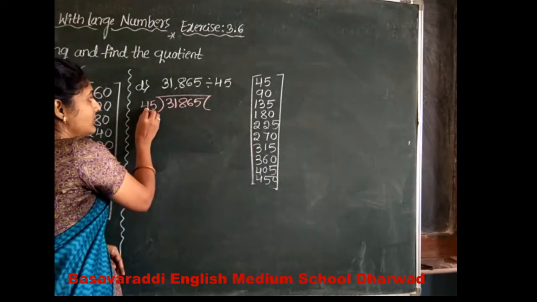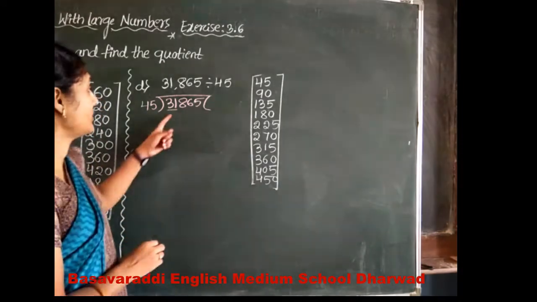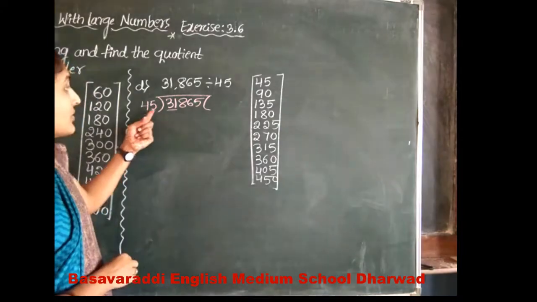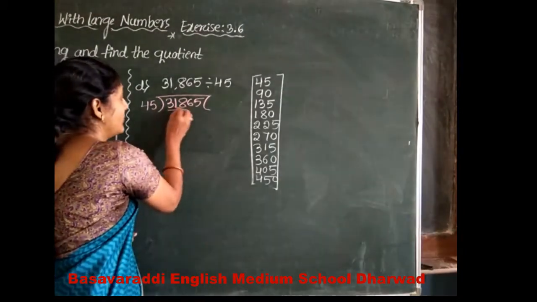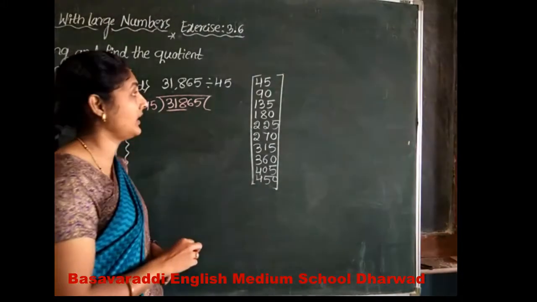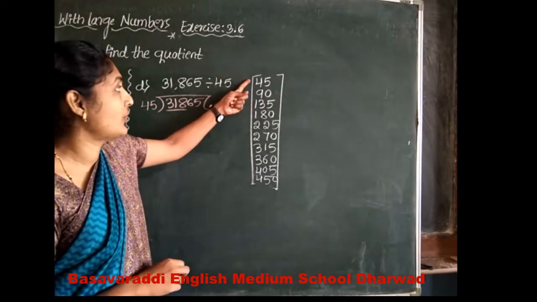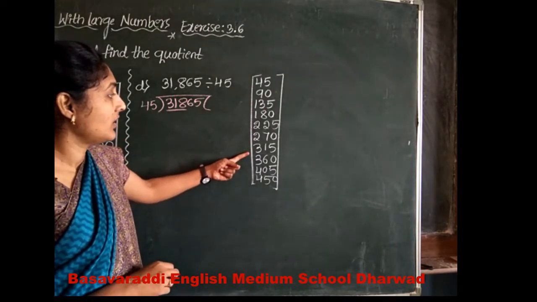The first two digits of the dividend are 31. 31 is less than 45, so I take one more number, that is 318. We club all three digits, it becomes 318. Check in the 45 table whether there is a 318 or not.